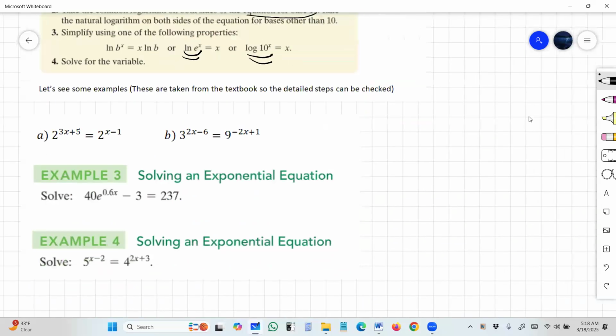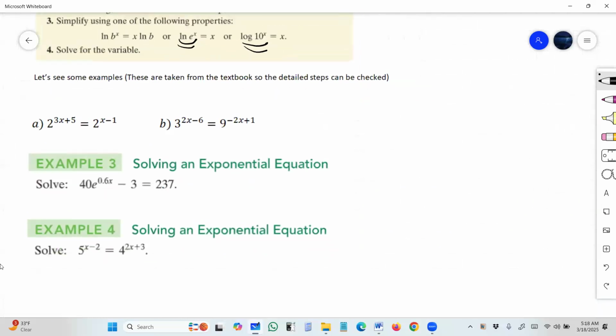These examples cover every single type of these exponential equations. This is going to be type A, where both bases are the same. This is going to be type B, where the bases are different, but they can be made the same.